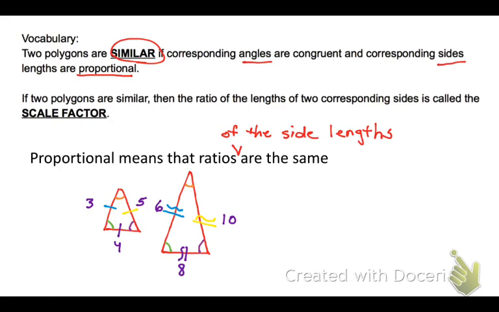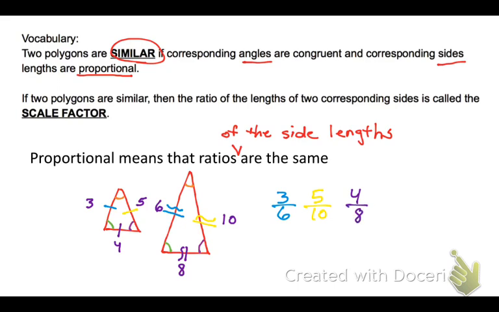So what are the proportions? In the blue, we have 3 over 6. In the yellow, we have 5 over 10. These are ratios, the ratios between the sides. And then purple, we have 4 over 8.